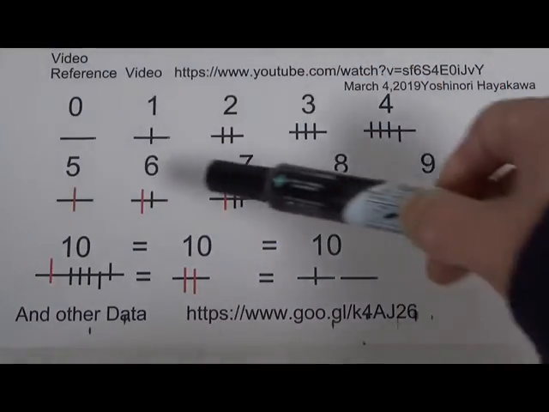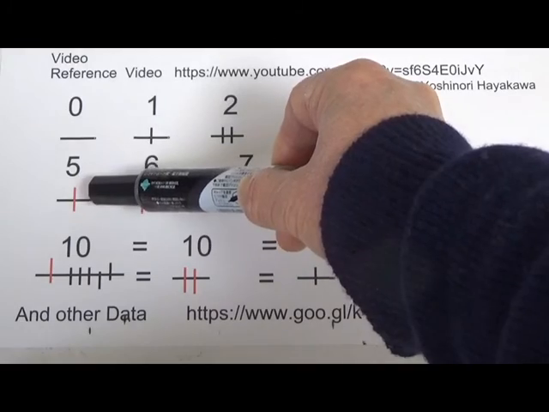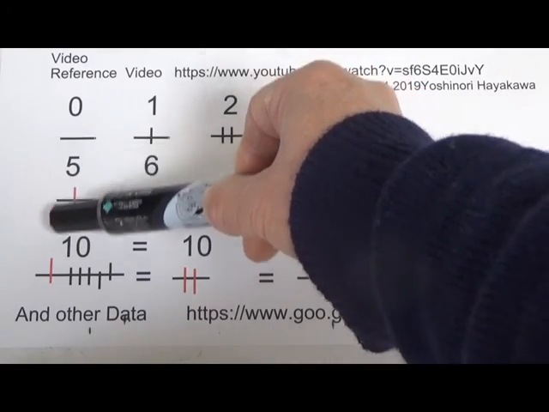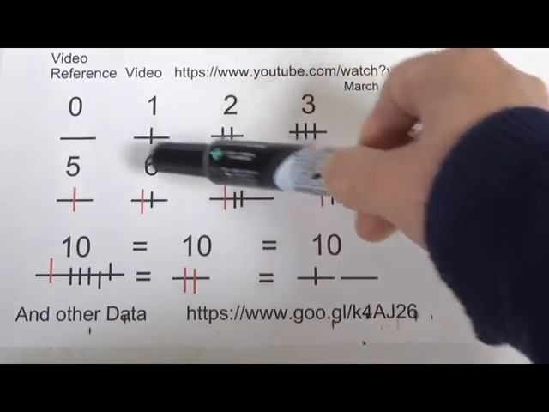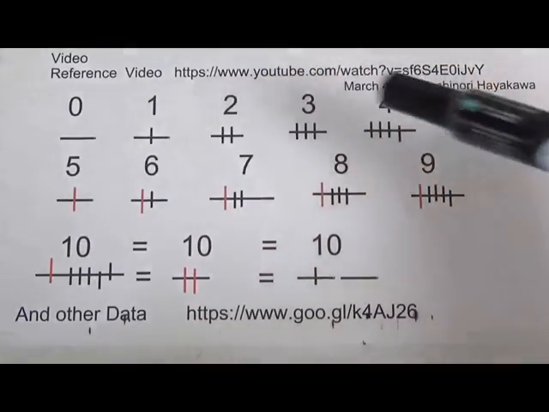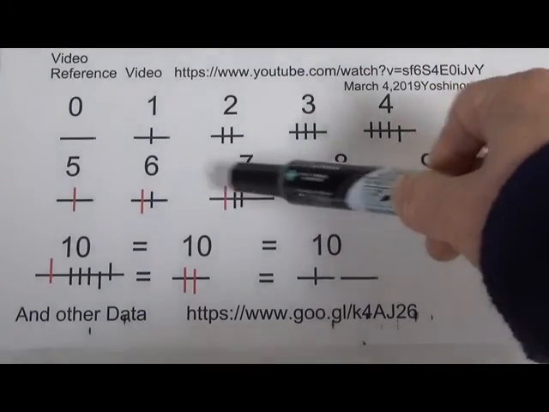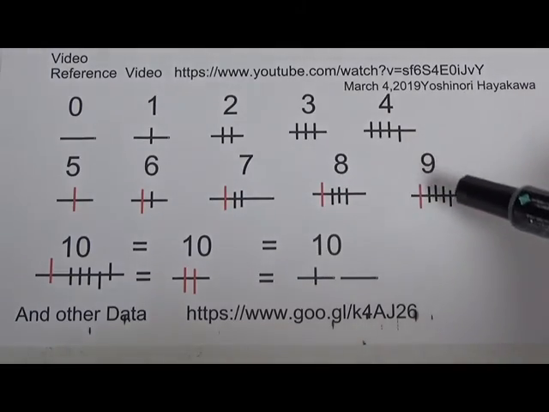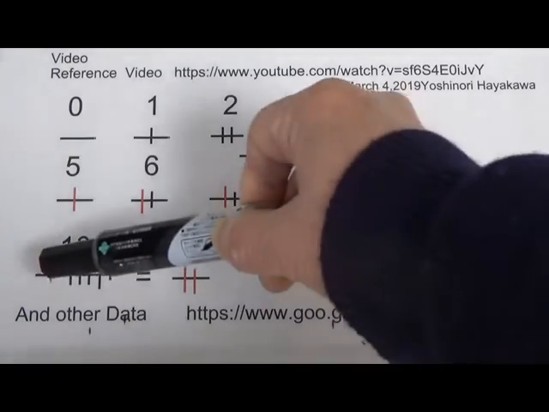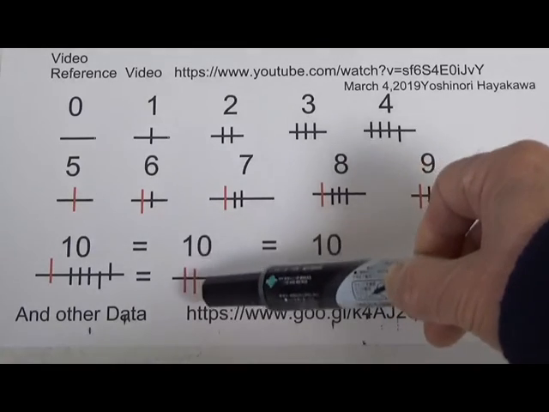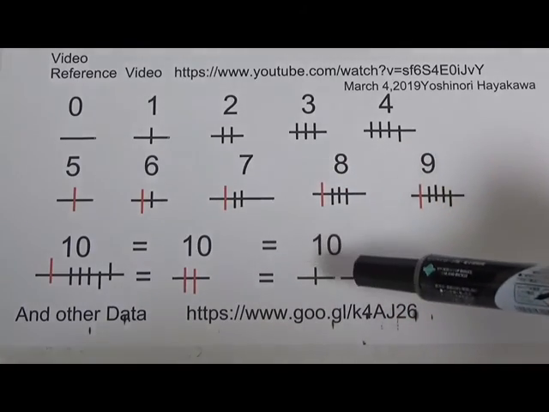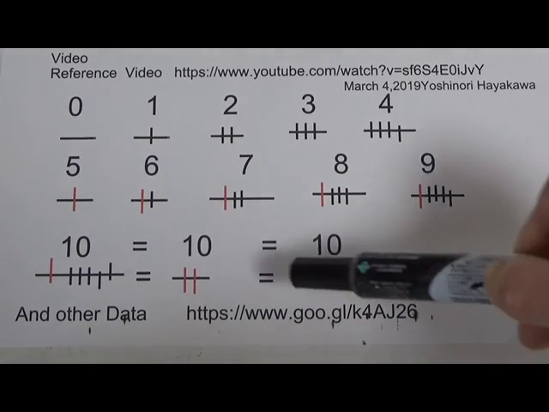In this case, the number 5 is shown by red color, but it does not necessarily have to be red. And 6, 7, 8, 9, and 10. And 10 is 2 fives, that is 1 and 0, 10.